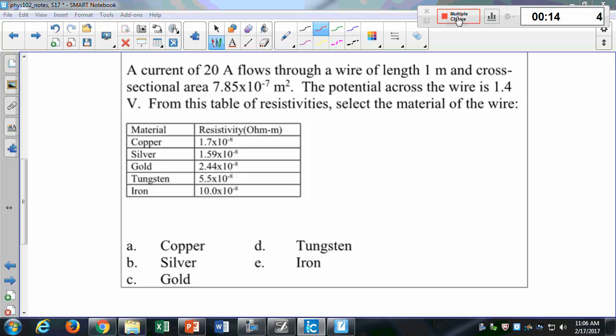Then I can calculate the resistivity, and from a table determine what that material is.